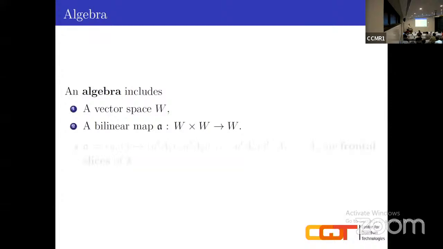So here, let me introduce the definition of algebra. An algebra contains a vector space, and then it includes a bilinear map. You can think about this vector space as the set of all the elements in this algebra, and this bilinear map will map any pair of elements in this algebra to another element in this algebra.